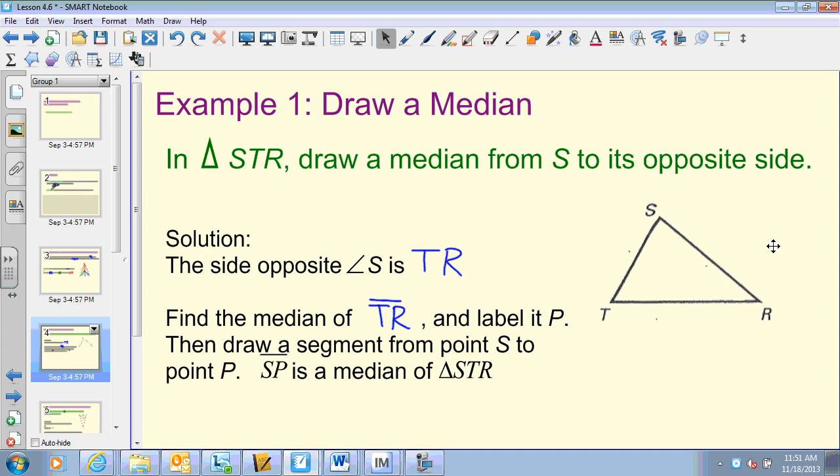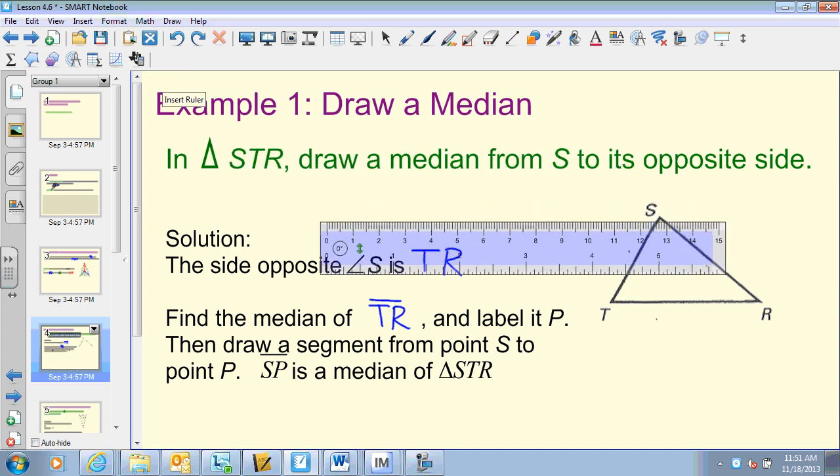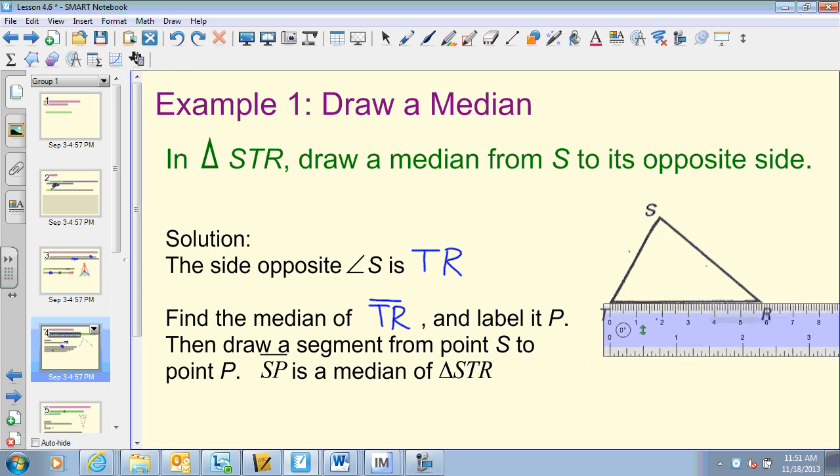So let's see if I can bring up my ruler. If I measure that on my diagram, it is right about 5.8 centimeters. So I have 5.8, and I'm going to have to divide that by 2. And 5.8 divided by 2 is 2.9.